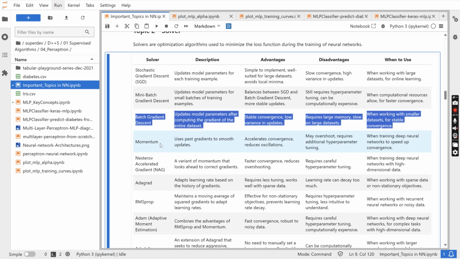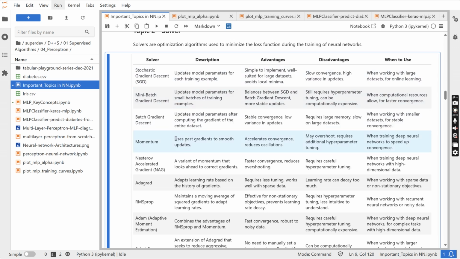Okay, next is momentum. Now momentum also does one additional thing: momentum is used to accelerate the convergence. Basically what you do is you take the past gradients and you come up with a smooth parameter learning line.